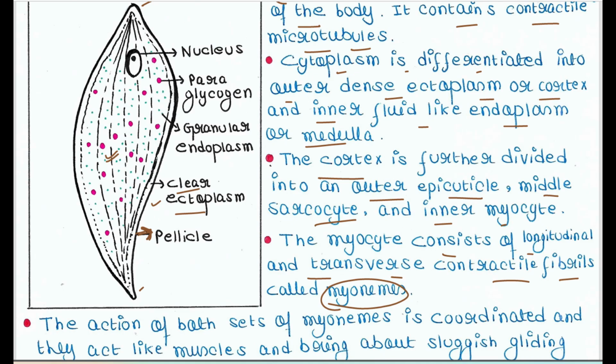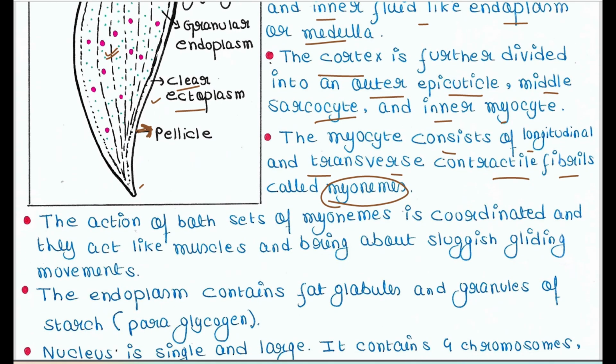So the inner myocyte also has some special features. It contains myonemes, both longitudinal and transverse. And myonemes are basically contractile fibrils, just like the muscles.